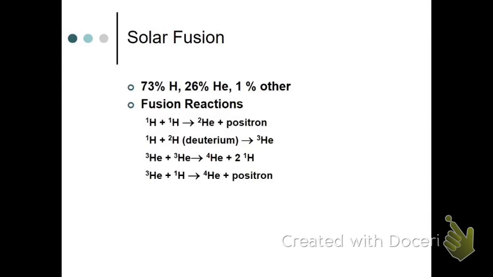So this slide shows the fusion reactions that would occur in our own sun, which is roughly, as indicated here, 73% hydrogen, 26% helium. All right, and this just simply shows how these reactions, there's a mechanism here indicated for the reactions where ultimately the result is the fusion of hydrogen nuclei, or protons, obviously, to form helium-4.